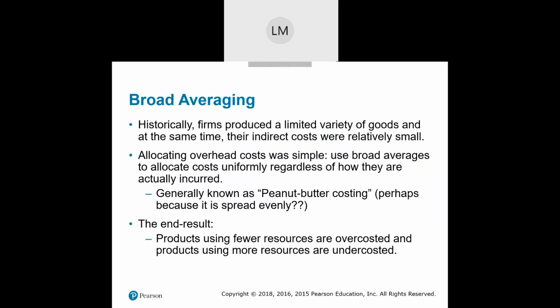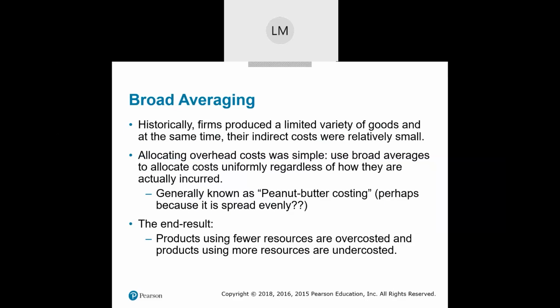But if we have a small number of goods and we produced them all at the same time, indirect costs were relatively small because we had fewer product offerings. We specialized in making certain things. So allocating overhead was simple. We just used broad averages to allocate costs uniformly regardless of how they are actually incurred.